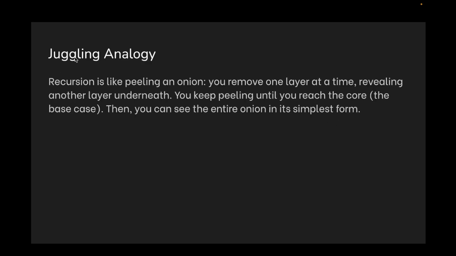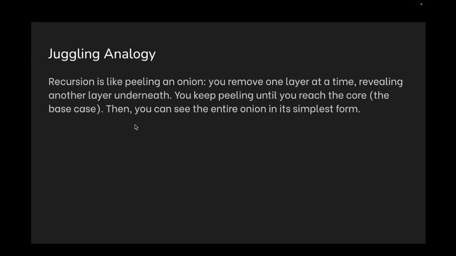Whereas I put a juggling analogy because with juggling, imagine you're juggling an apple, and each time you catch it, you take a bite out of it, and then you juggle it again, and then you take a bite out of it again. So you keep on repeating that process until you get to some base case, which is when there's no more apple left, right? Because you've eaten all of it.